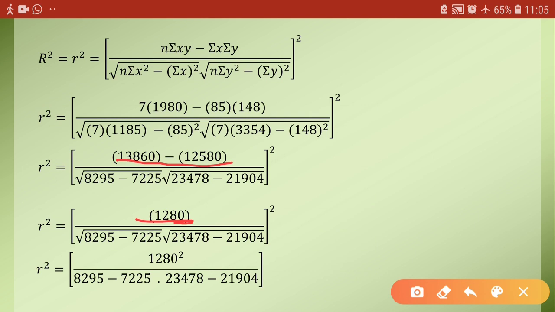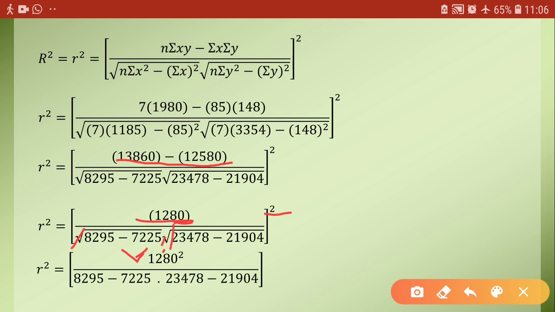So you can see there is a square here. If there is a square here, it will apply to both numerator and denominator. So if I apply the square in numerator, it becomes 1280 square, and if I apply it to the denominator, then this root gets cancelled.